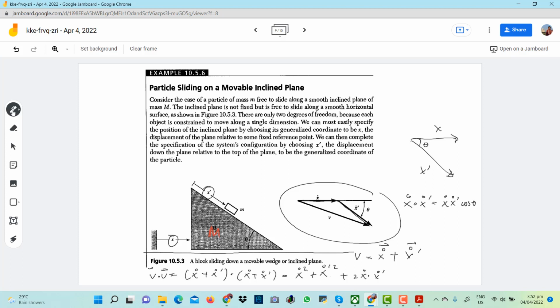Right? That's why I have cosine of theta. So that's the velocity of my particle.